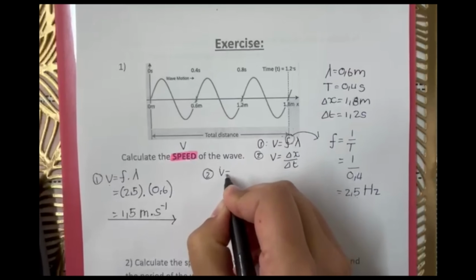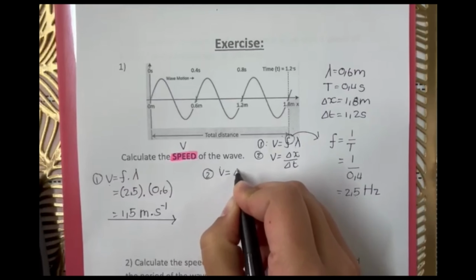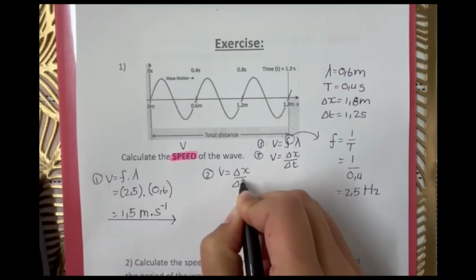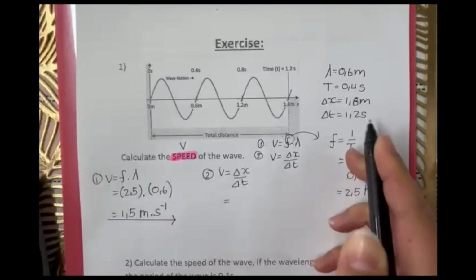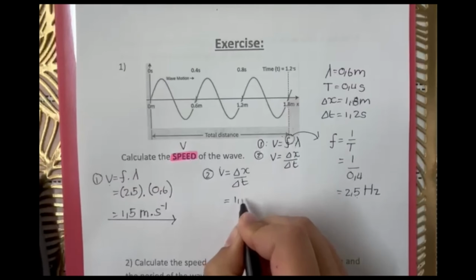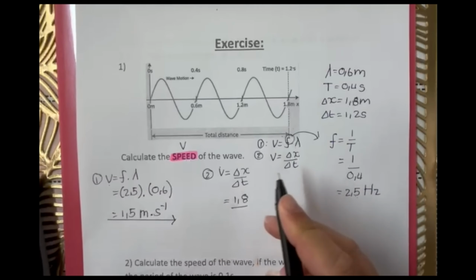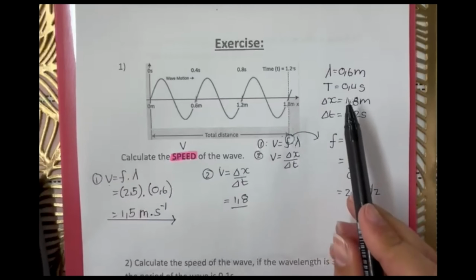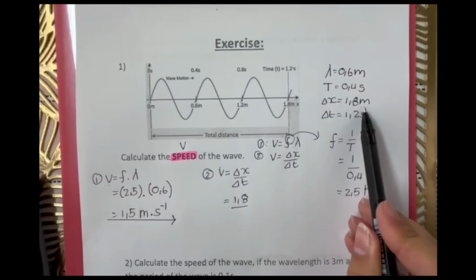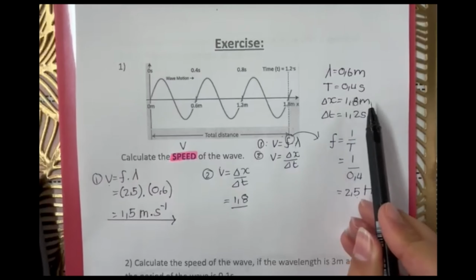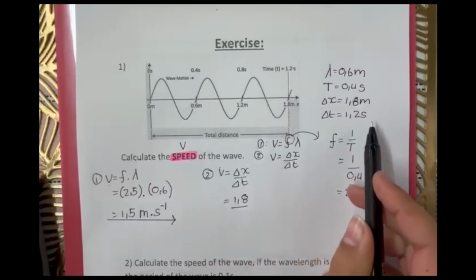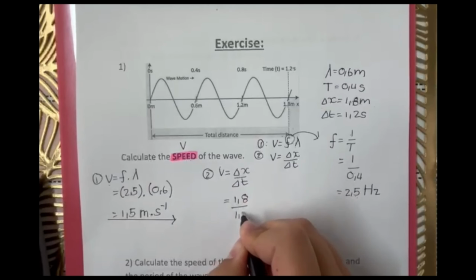So v is equal to change in distance over the change in time, which is going to be 1.8. We don't have to convert because distance is already in meters. If it was millimeters, then we need to convert to meters. So 1.8, and then the time was 1.2.